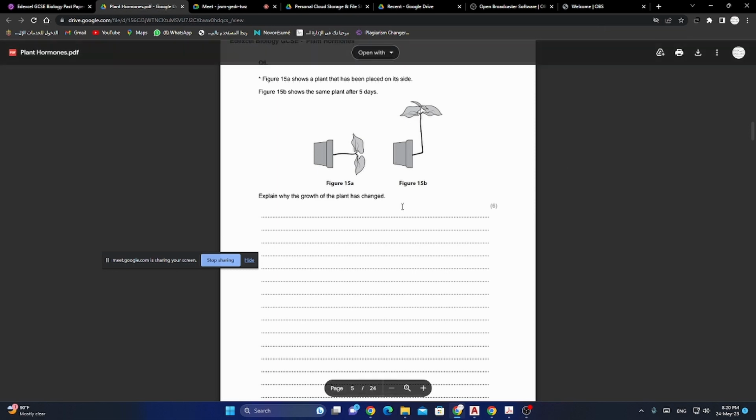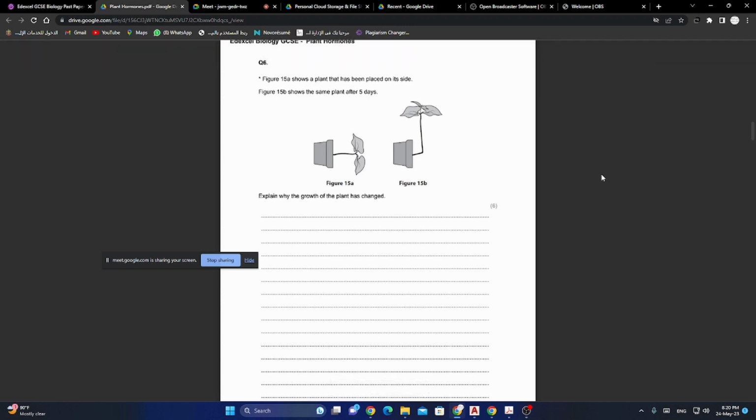This is again the same thing as the 6 mark question that we solved before. Can you try to solve it again? Okay, but in this case, they're asking why the growth has been changed. Because in this case, they don't really need the roots.